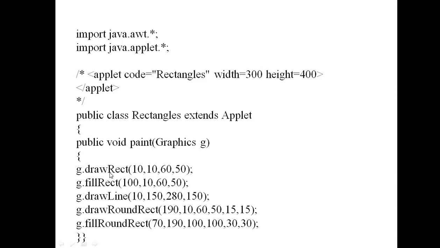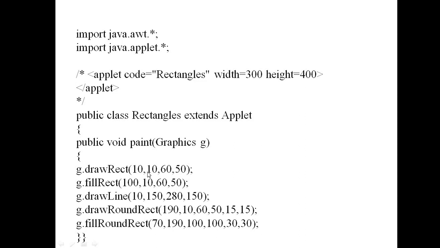So first drawRect will be drawing an outline of a rectangle starting at x1 y1 position 10 10, and the width and height values are 60 50 respectively. So fillRect, see the arguments, the values are changing here when comparing to the first method.